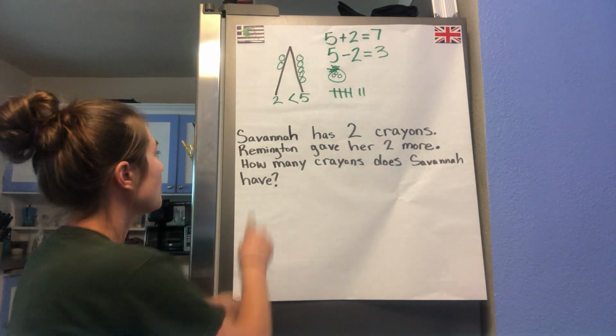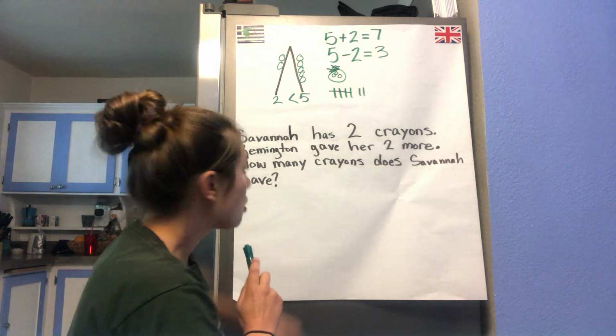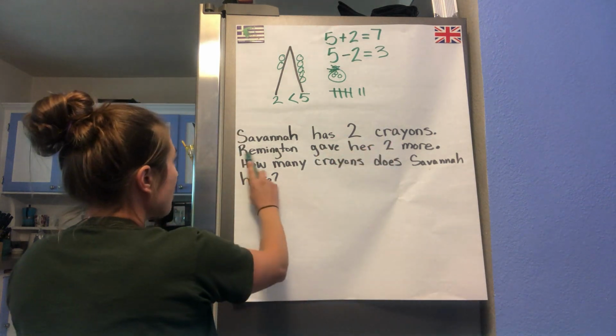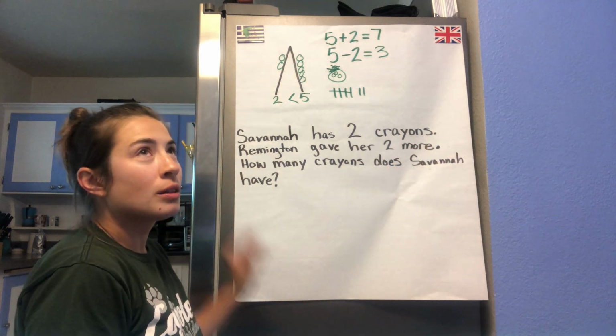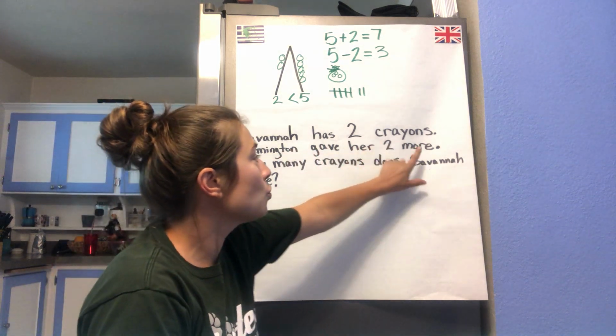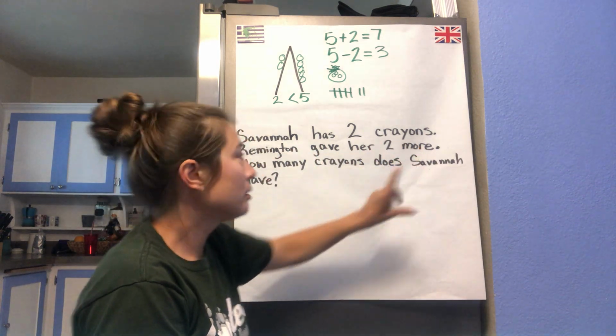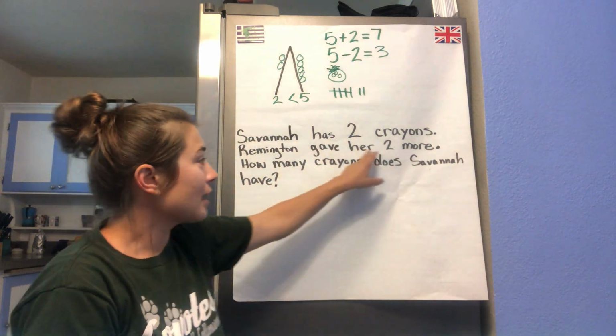So let's see. Savannah has 2 crayons. Remington gave her 2 more. I'm going to read that again. Listen close. Remington gave her 2 more. So, Savannah has 2 crayons. Remington gave her 2 more.